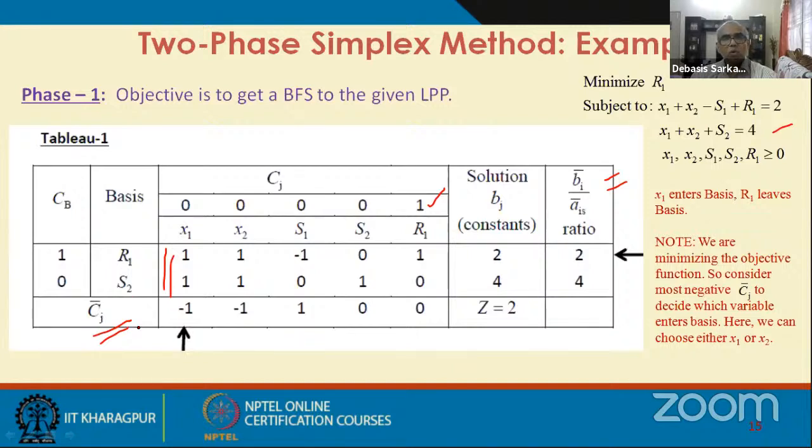Now here, both are at -1. So any one of these two can be considered. We have considered this. Find out the minimum ratio, and the minimum ratio and CJ bar say that x1 enters and r1 leaves. The objective function value is 2.